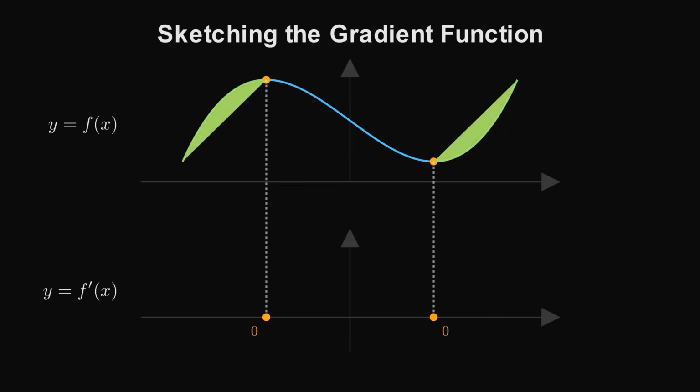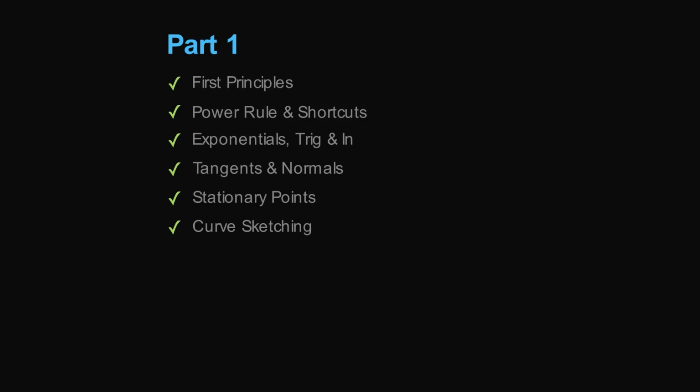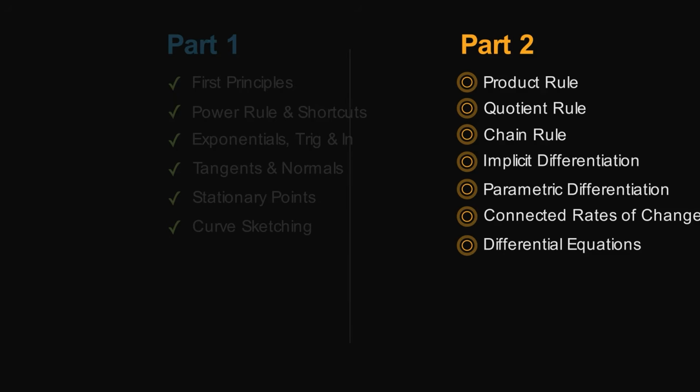And where f is increasing, the derivative is above the x-axis, and where f is decreasing, the derivative is below the x-axis. But we're not done yet, guys, because in part 2, we're going to be tackling the product rule, quotient rule, chain rule, implicit differentiation, parametric differentiation, connected rates of change, and differential equations. So that's where differentiation gets really, really powerful.